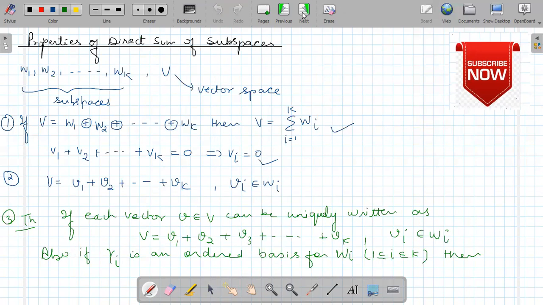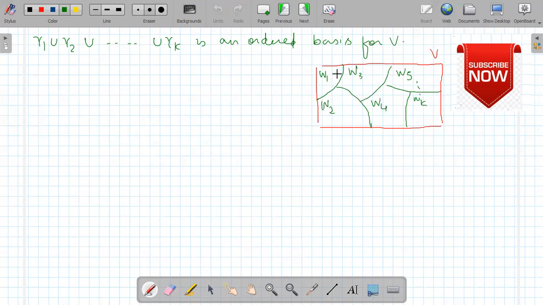Gamma i is an ordered basis for Wi. Means gamma 1 is here, which is a collection of some vectors. We don't know how many vectors there are in gamma 1. There may be one vector, two vectors, or three vectors.